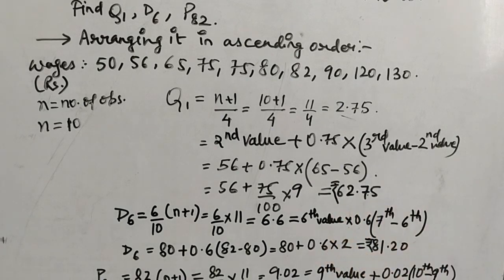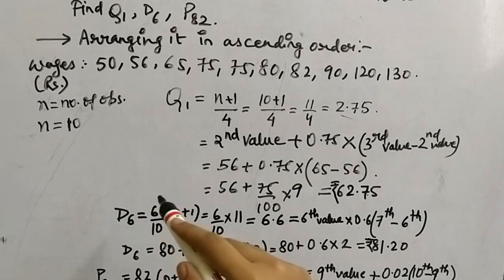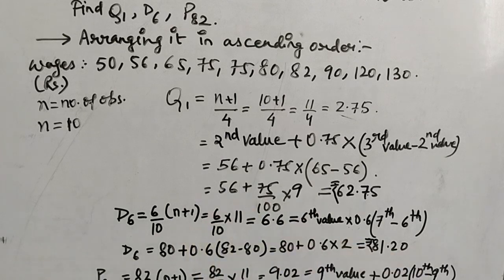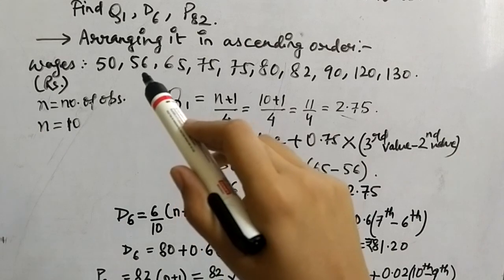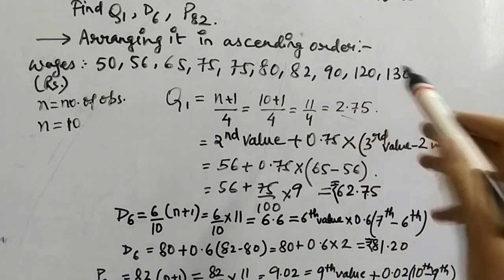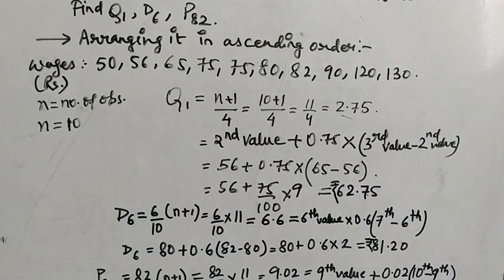In order to find out the decile 6, what I have told you about the formula, decile 6 is nothing but 6 by 10 into (n plus 1), correct? Now n plus 1 is 11, and after calculating it we have got D6 is equal to 6.6, but we have not got the value 6.6 in the data, so you have to convert it in terms of the items given here. Okay, so 6 is nothing but the sixth value.